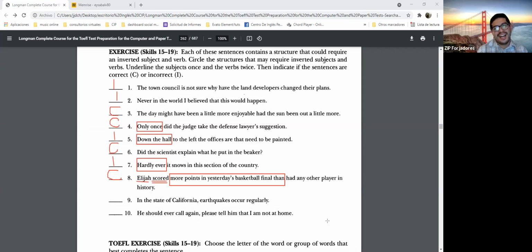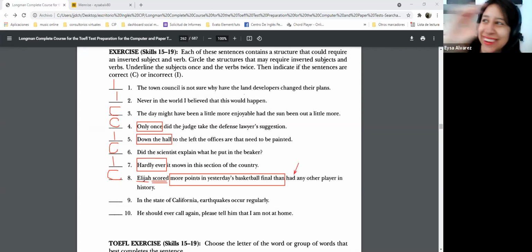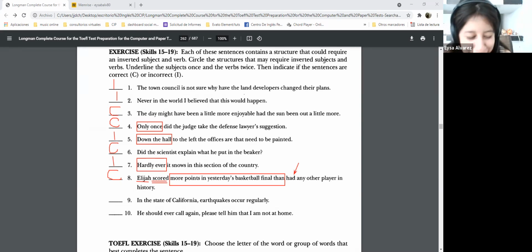And remember, English is the language of the exceptions.